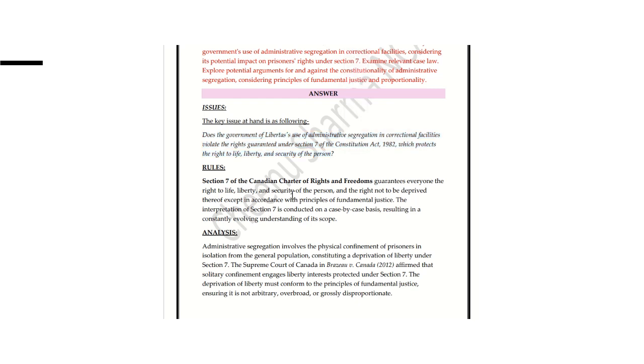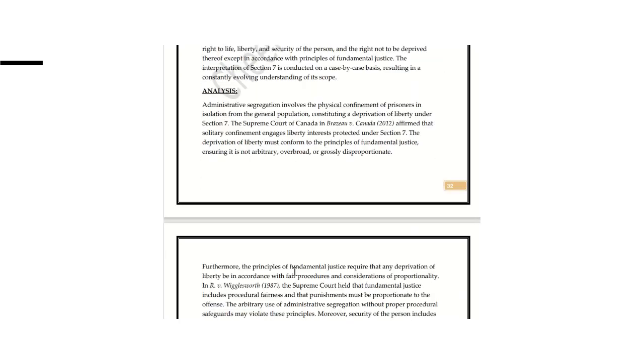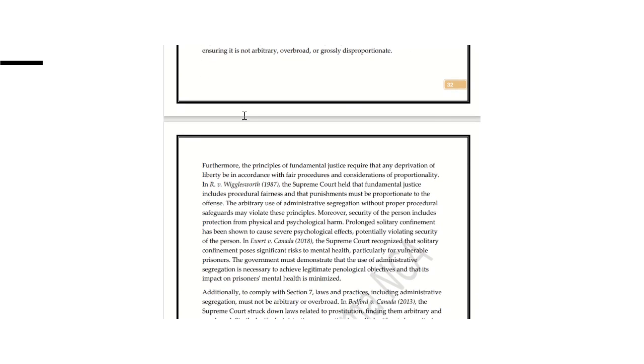For rules, you just go to section 7 and start your analysis. For this, we have the case of Brazil versus Canada, R versus Wigglesworth. These are a few additional things that I'm adding here, because sometimes in notes the cases are those that are directly mentioned in the syllabus.